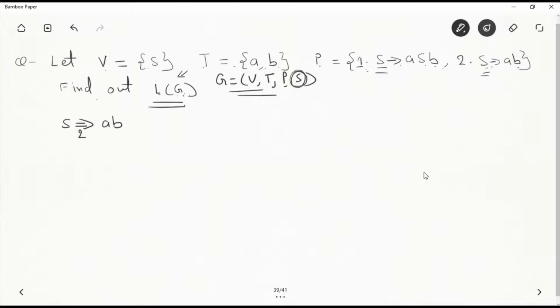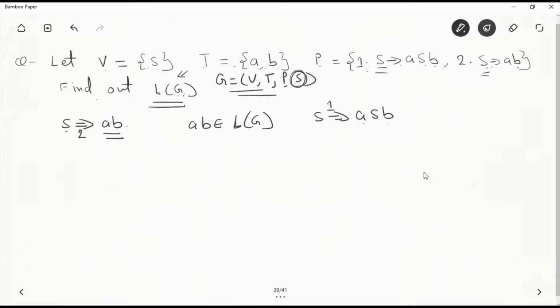AB. This string is going to be derived from the start symbol, so we can say that AB belongs to L of G. Next, just apply the first production rule, that is ASB.